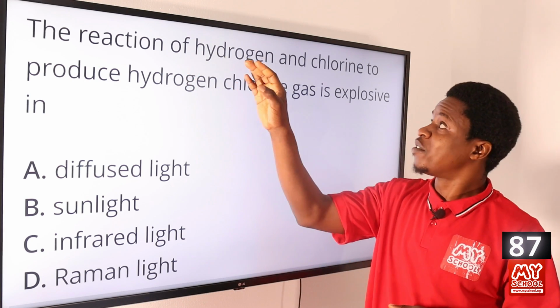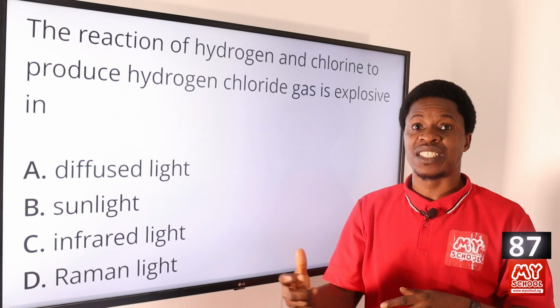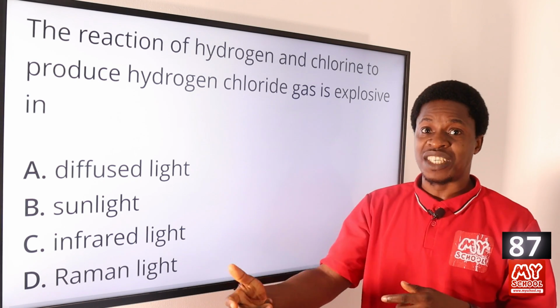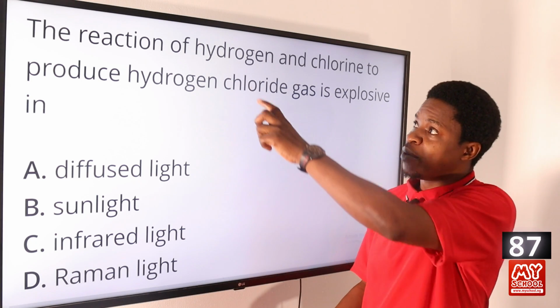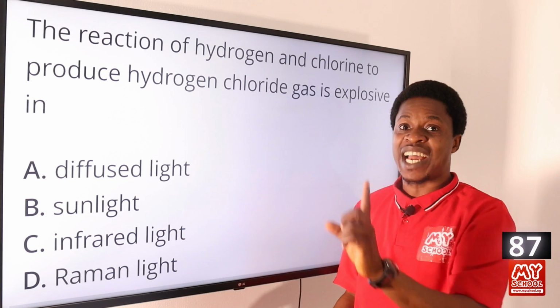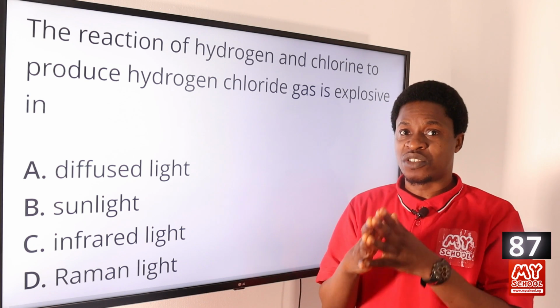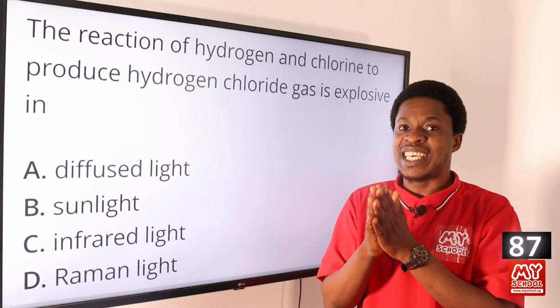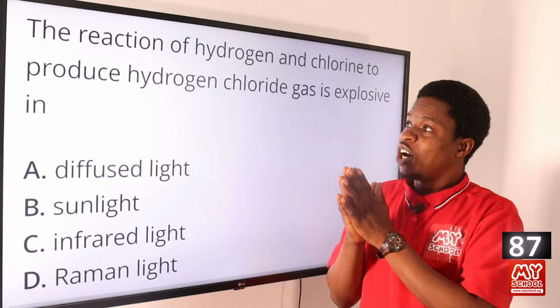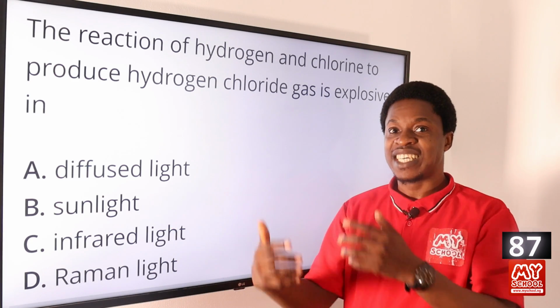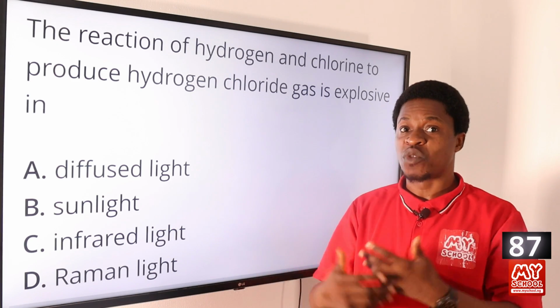Now, the reaction of hydrogen and chlorine has to do with what we call a free radical reaction, where there is protonation taking place between hydrogen and chlorine. So the only kind of light that can make that reaction take place is sunlight. If that reaction takes place in the presence of sunlight, there is usually what we call an explosion. It can lead to explosion.